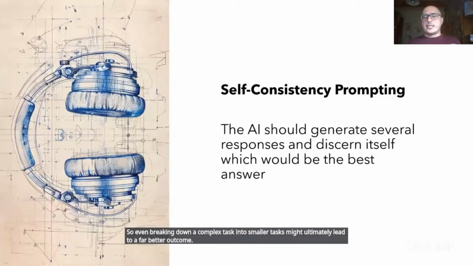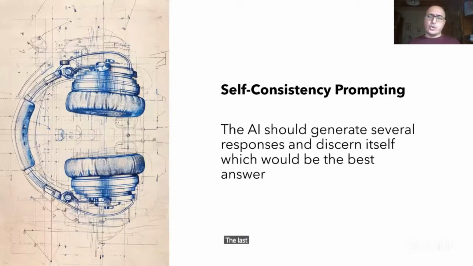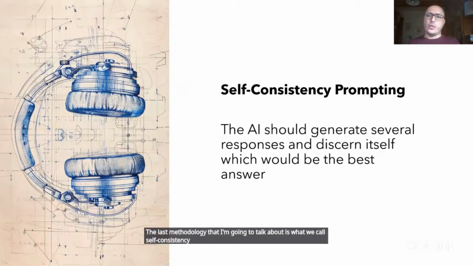The last methodology that I'm going to talk about is what we call self-consistency prompting. This is where we ultimately tell the AI that we want it to generate different outputs and then to explain which one is best.